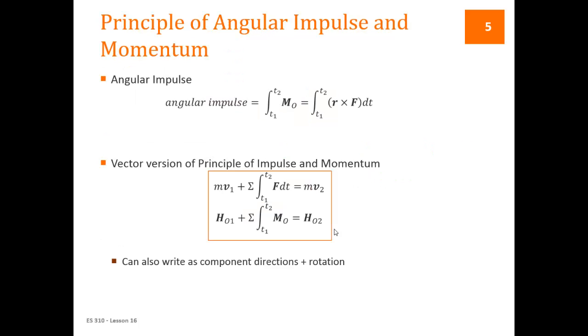So here's a look at our impulse momentum equations. We have the impulse, which is the integral of the force dt, is equal to mv2 minus mv1, is one way we've seen it written. Or mv1, that's the initial momentum, L1, plus the impulse is equal to the final momentum.